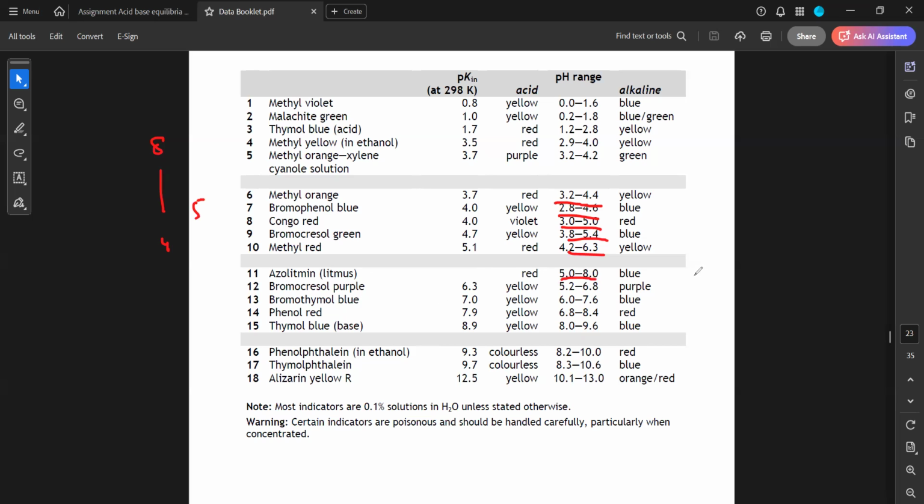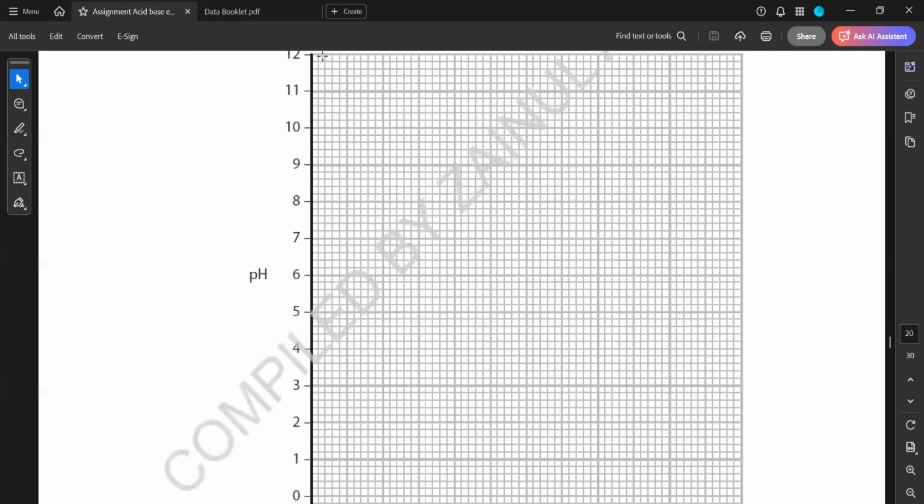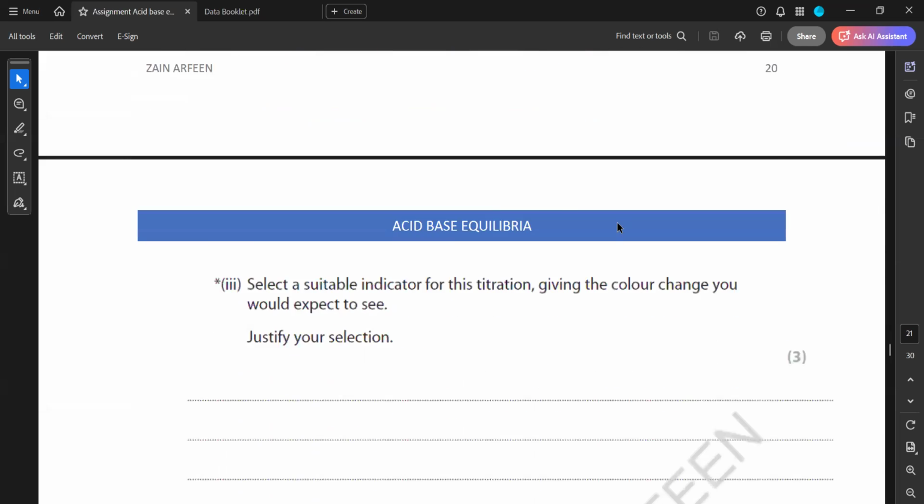That is the best indicator. 5.2 to 6, so these can be used. This cannot be used because both ends are outside. So for any indicator we can mention a color change: initially alkaline and then acidic, because originally the solution was alkaline and then it was acidic.